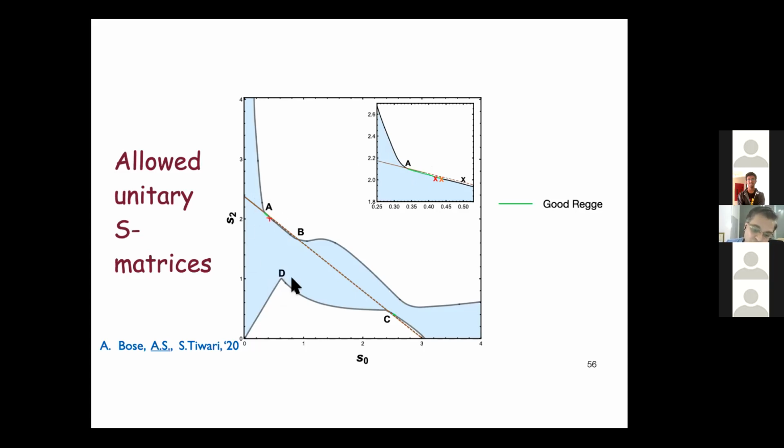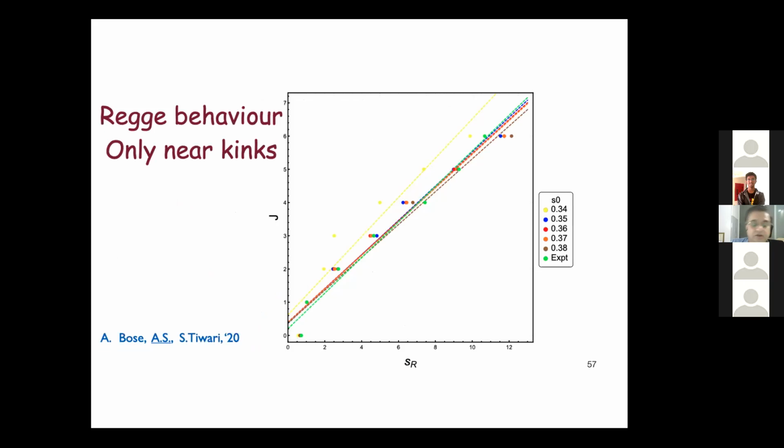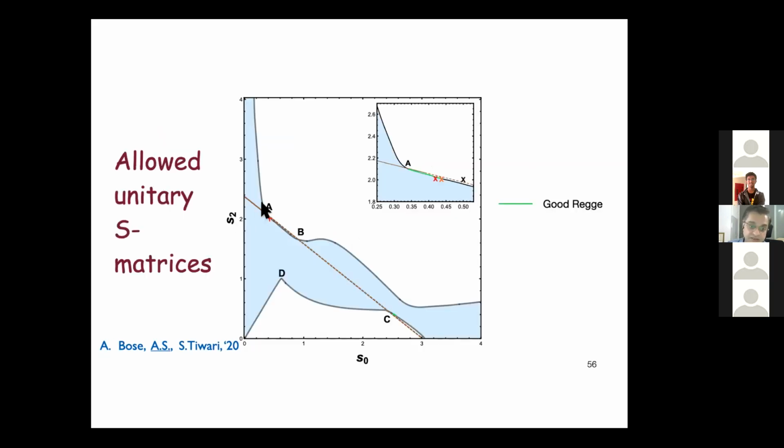Of course, region D is also a very sharp kink. Region D corresponds to some interesting S matrix, which does not have anything, as far as we can say, to do with pion scattering. Region A, of course, does. You have to work a little harder to extract the spectrum from this, and you will find that the Regge behavior happens only near this kink.